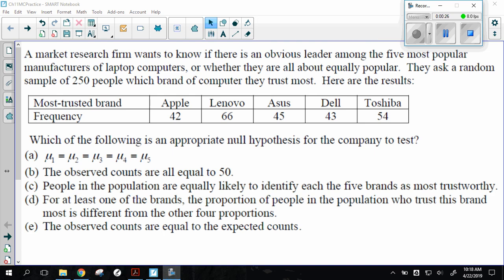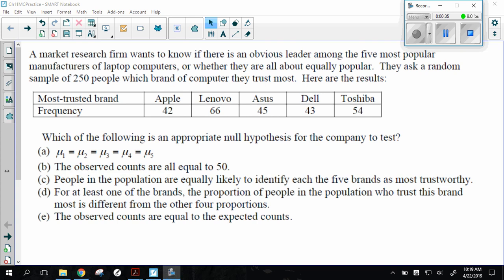So they would like to do a chi-square test for goodness of fit in order to find out whether that claim is true, or really to see which computer is trusted the most. So we're asked which of the following would be an appropriate null hypothesis for the company to test.